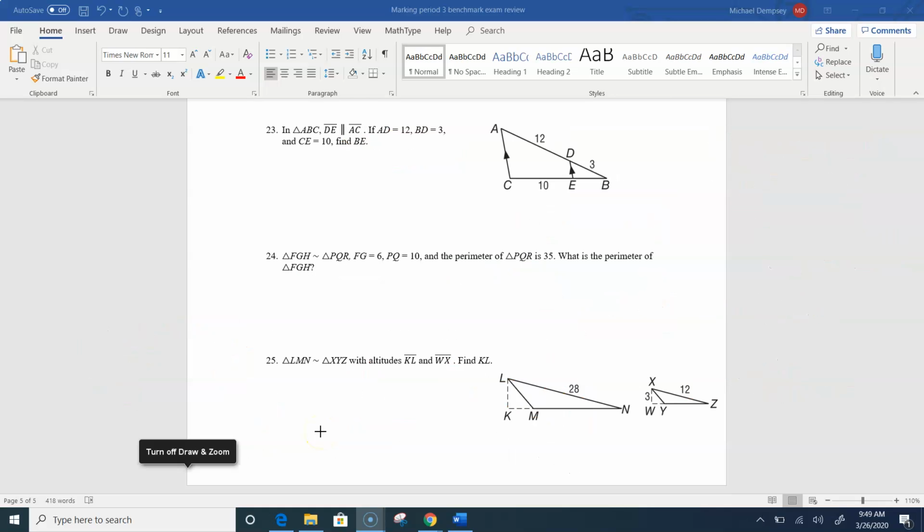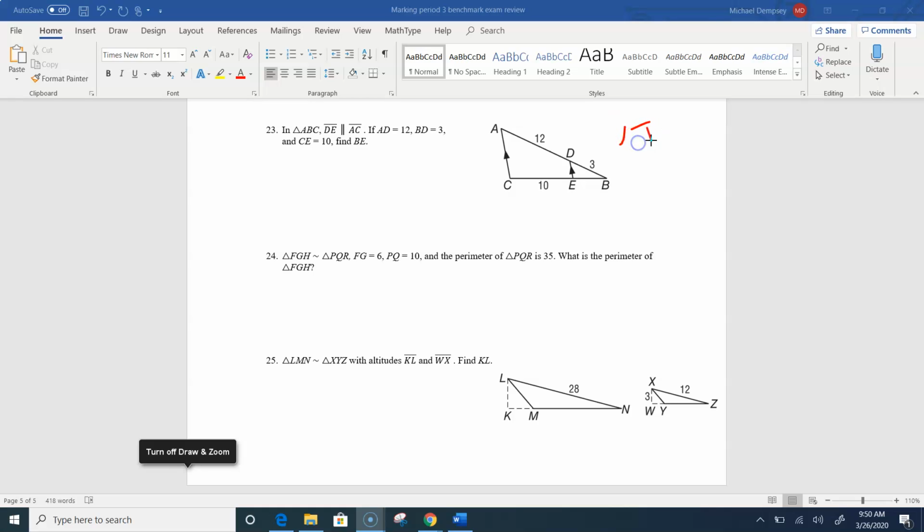So even easier than similar triangles is when we have parallel lines and proportional parts. We're trying to find the length of BE, so I'm just going to label that as my x here. Since I have parallel lines cutting those segments, that ratio of 12 to 10 has to be equal to the ratio of 3 to x. So we can just cross multiply. Try that again.